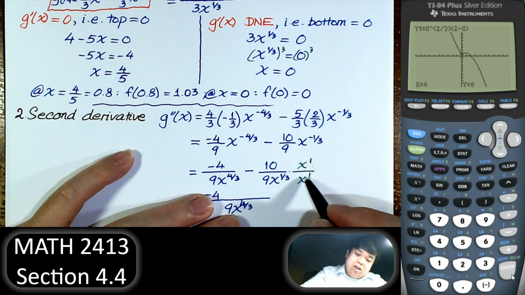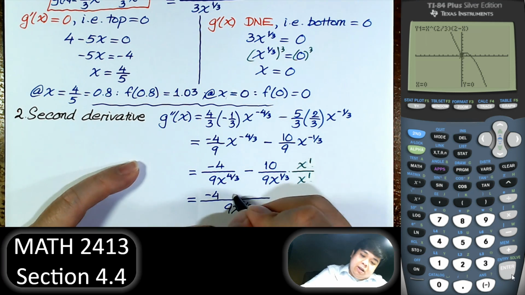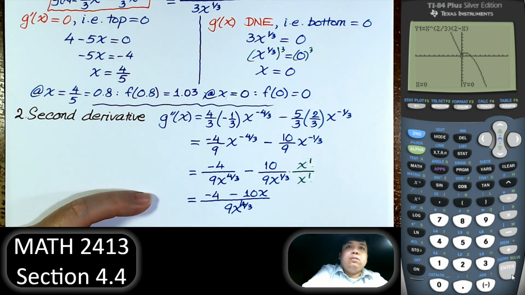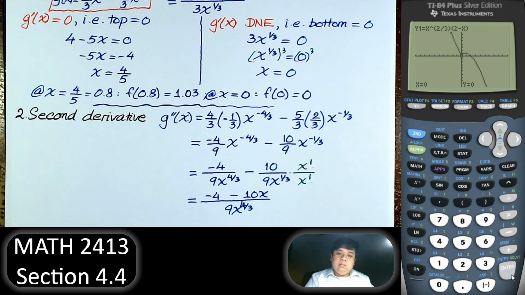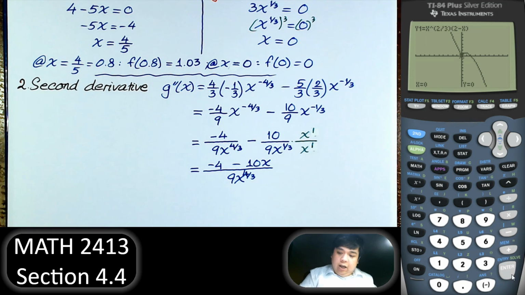So multiplying x top and bottom, the second term gives x to the 4/3 times x, minus 10x. That's what we have. And equal to 0 does not exist.